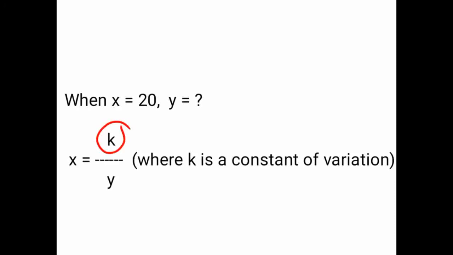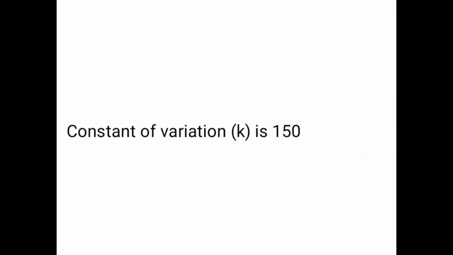That is 20 is equal to 150 upon y. In place of x I wrote 20, and I substituted the constant of variation k, which is 150.